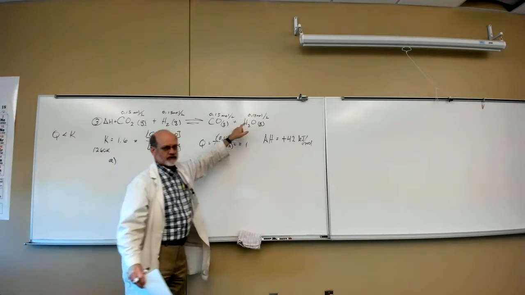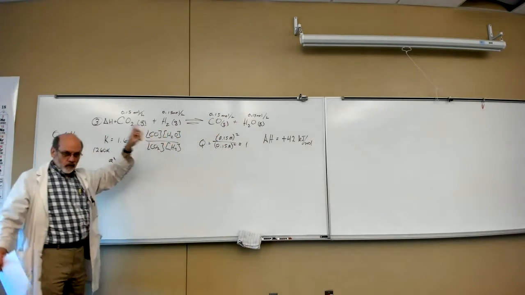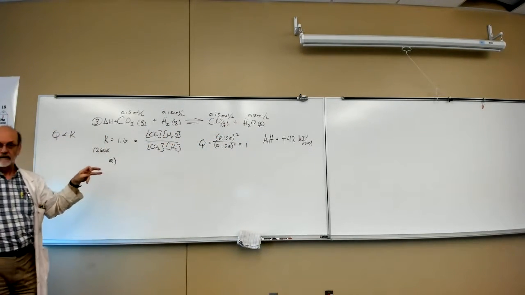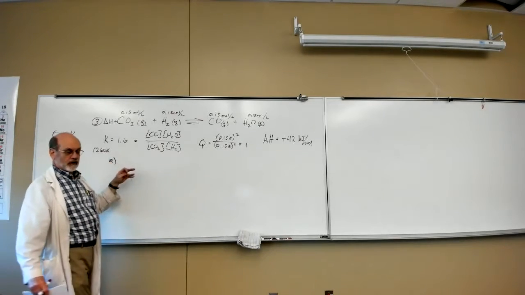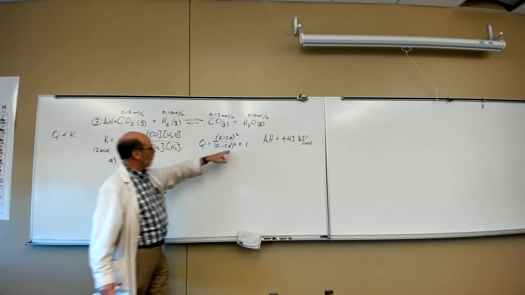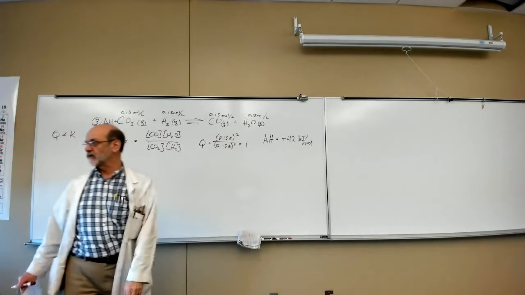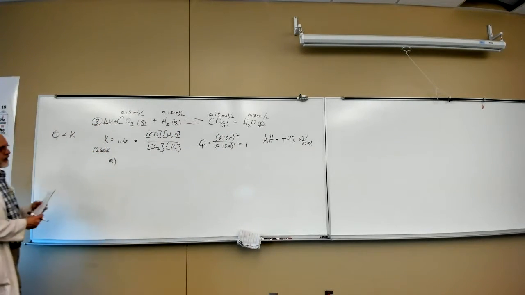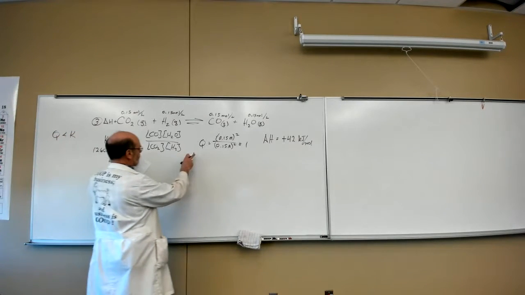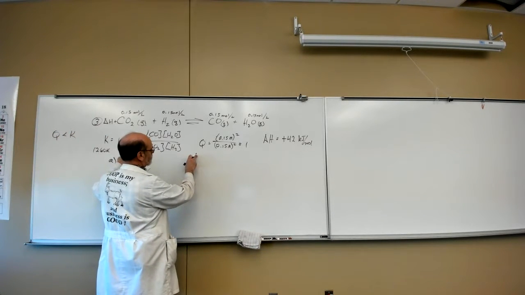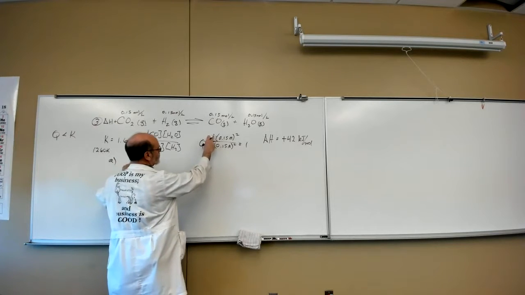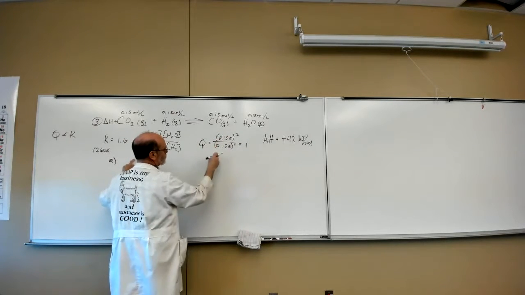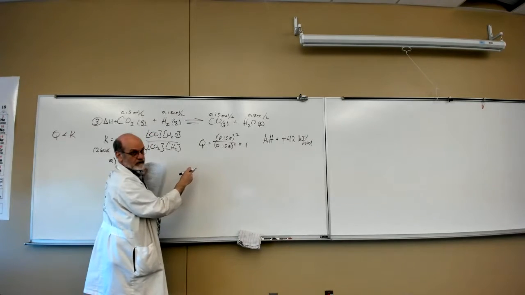These are starting concentrations. So we're not at equilibrium yet, right? If this were 1.6, we'd already be at equilibrium, right? But we're not. Okay. So if Q is less than K, that means that this is smaller than it should be, and this is larger than it should be.